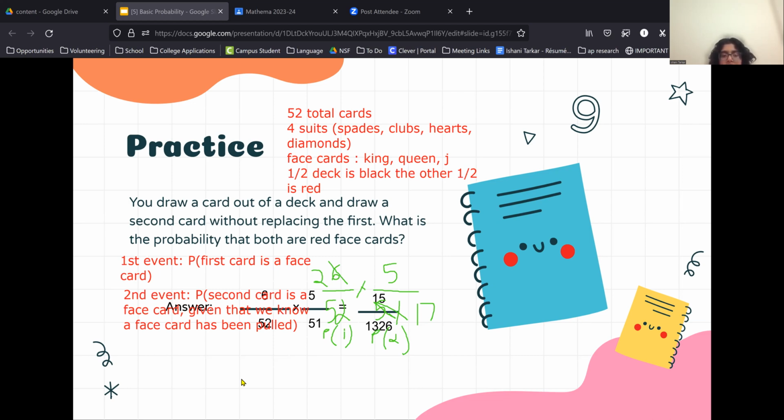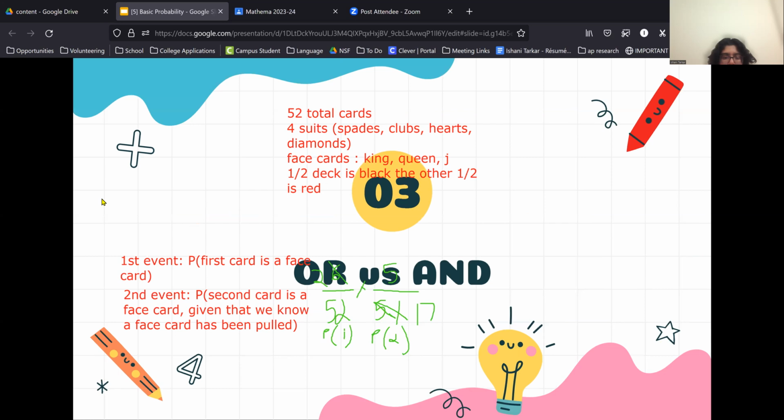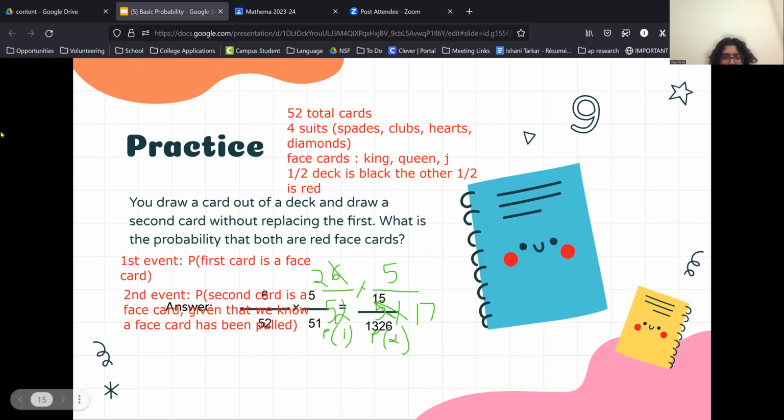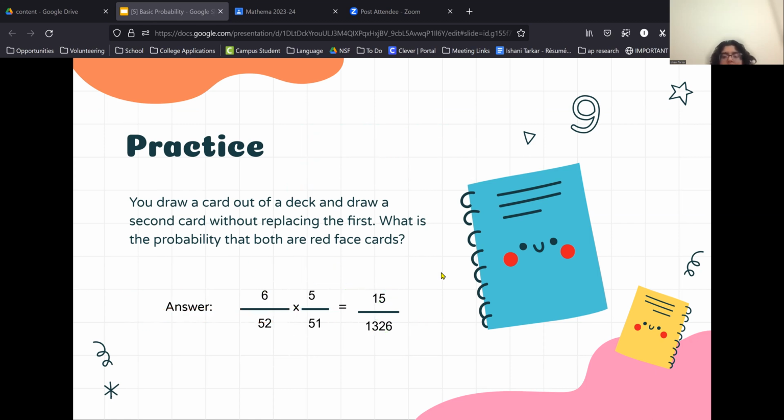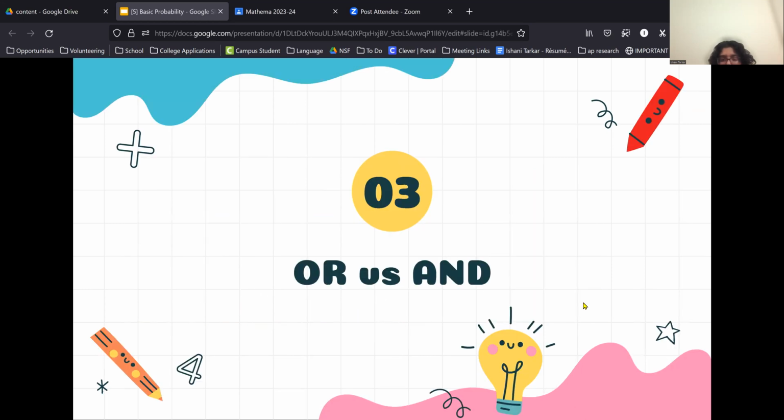If the way I explained the wording is the problem, then that's on me, and I can change the way I explain it, but usually this wording is what you'll be given in an actual question. Does anyone have any questions? If you do, you can private message me in the chat. If you do not, that is also fine.